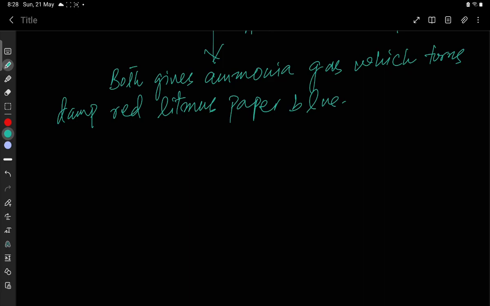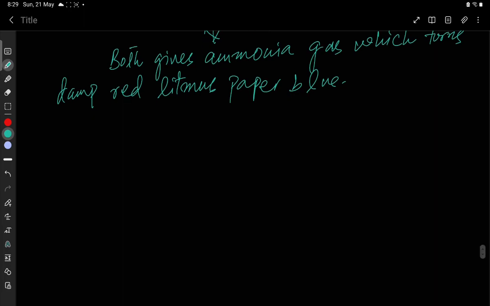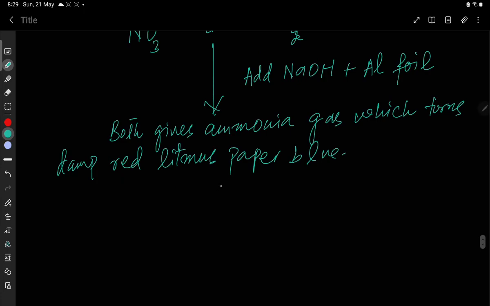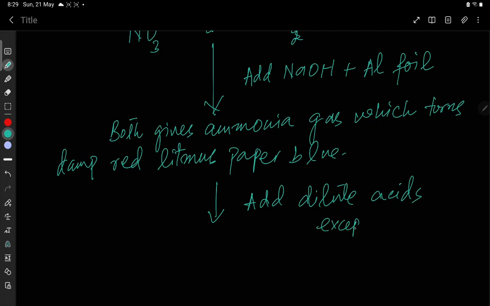To differentiate these two anions, add dilute acids except nitric acid.